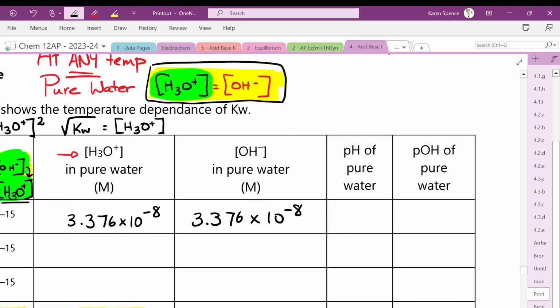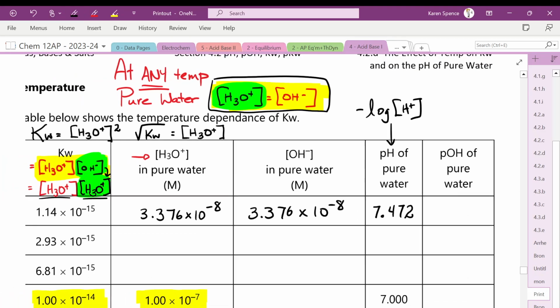Now, we're going to take the negative log of the concentration of H3O plus. So we're going to take 3.376 times 10 to the negative 8, and we're going to log it, and then we're going to change the sign, and we get 7.472. Now let's check.